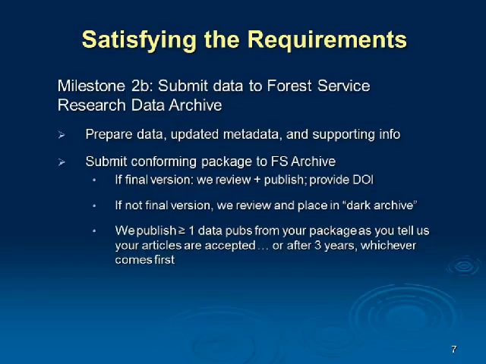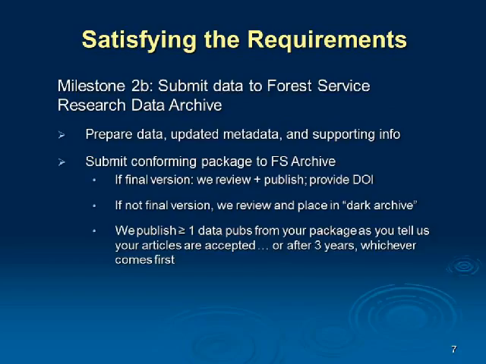If it's the final version of your data supporting one or more research articles, we will review it with you, and once we're happy and you're happy, we will publish it and provide a digital object identifier. These are the same digital object identifiers or DOIs that you will see in most of your research articles these days.